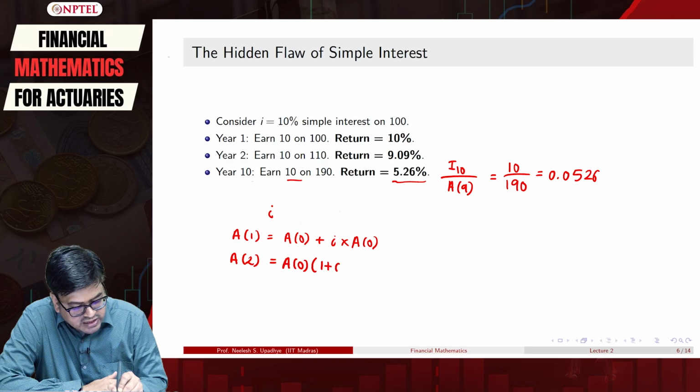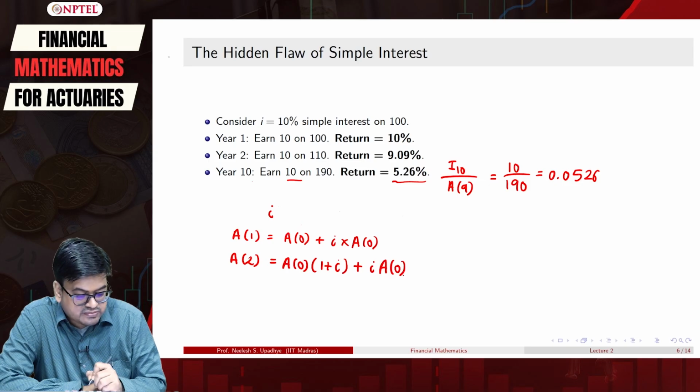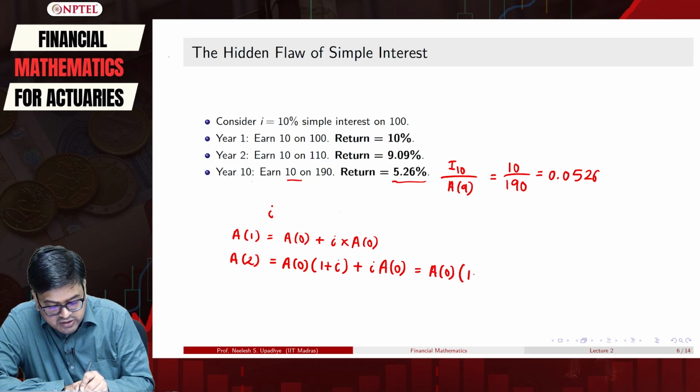Into 1 plus I plus I times A0. So that we have actually translated into A0 into 1 plus 2I.